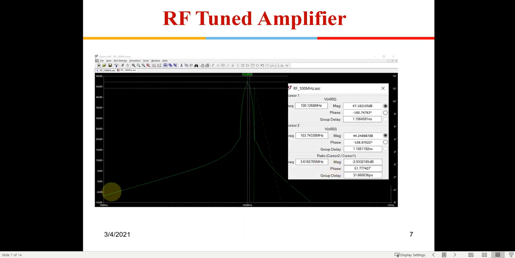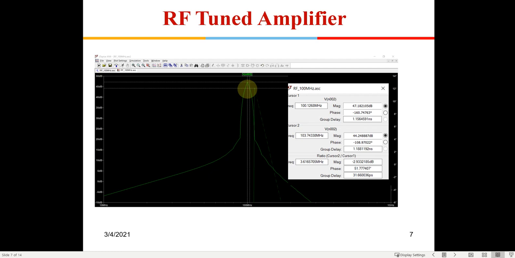This is the response of the output amplitude. You can see that I have tuned it for 100 megahertz, so it is giving a maximum output at 100 megahertz. Now, what is the bandwidth? If I take 3 dB down here, this is minus 3 dB, which I have taken here. The frequency offset is 3 megahertz on each side, from 97 megahertz to 103 megahertz.